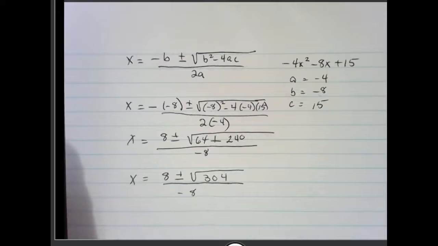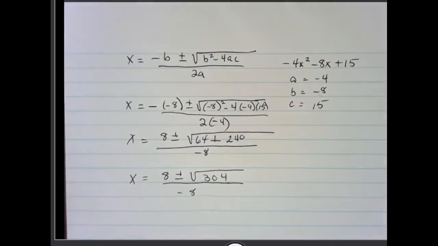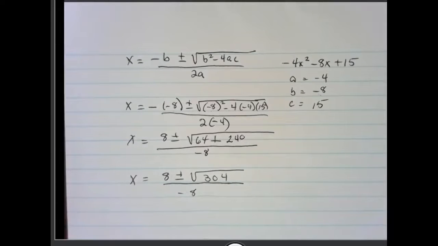And we can see if 304 is a perfect square. I don't believe so, but you can use your calculator to look that up. And it's not, but can we break 304 down into something that maybe is a perfect square? And so you could start by trying some different numbers.